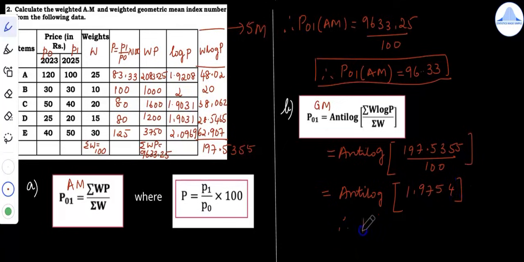So therefore P01 of GM is equal to 94.49.